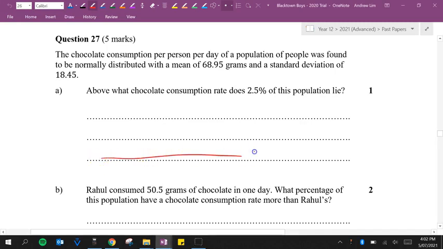So, I'm just going to draw up our bell curve. The mean is 68.95. 1, 2, 3. Standard deviation is 18.45.